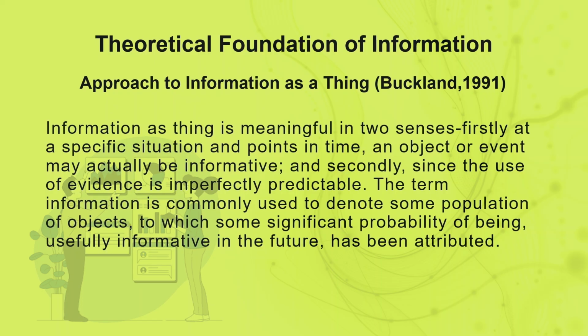And secondly, since the use of evidence is imperfectly predictable, the term information is commonly used to denote some population of objects to which some significant probability of being usefully informative in the future has been attributed.